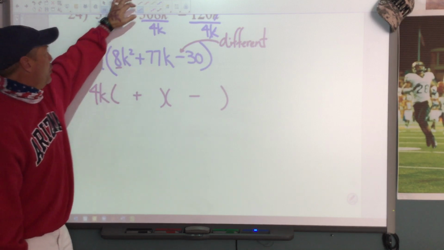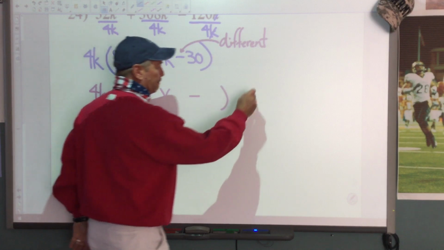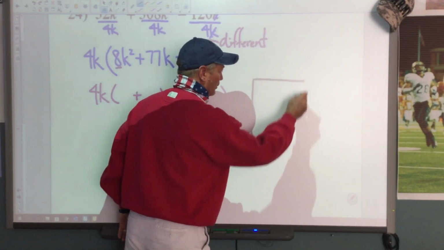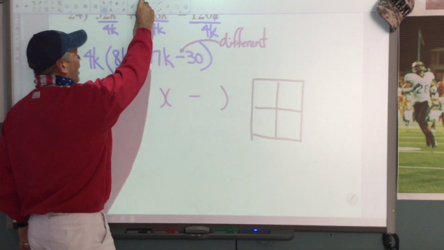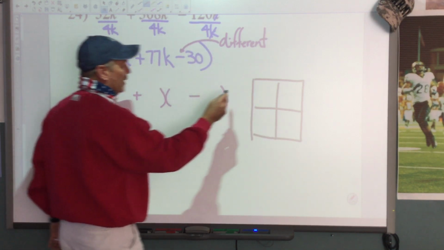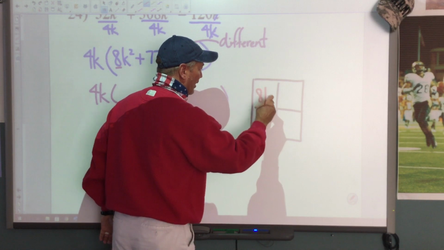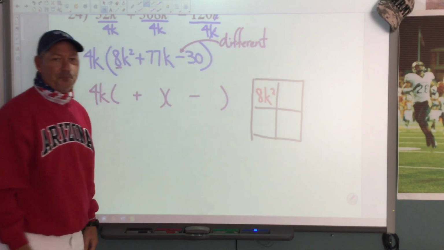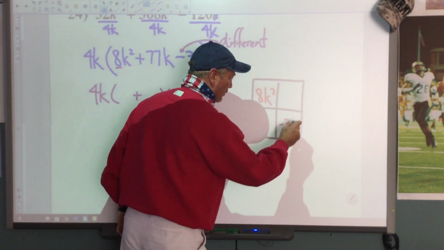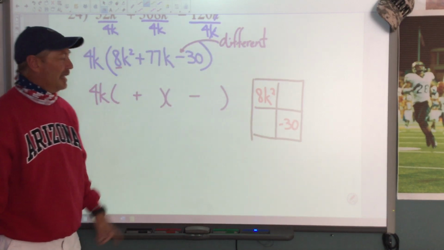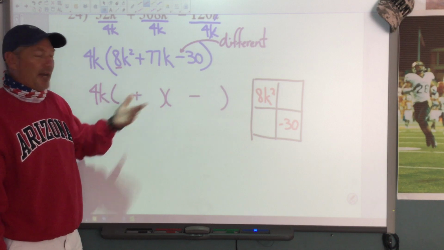All right, so let's go to a box. Let's draw a box real quick. In this first box, we're going to put 8k squared. In the back box, we're going to put a negative 30. In here, we have to find a combination.